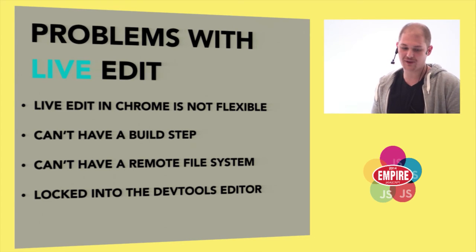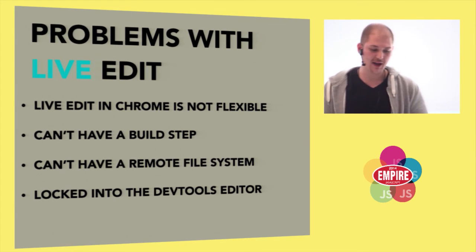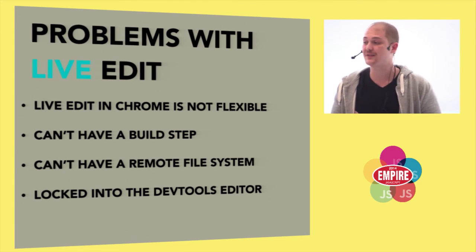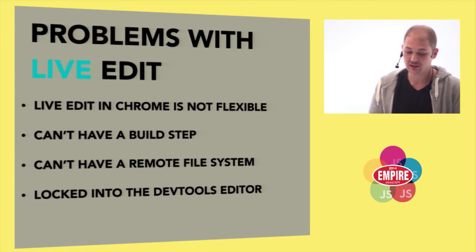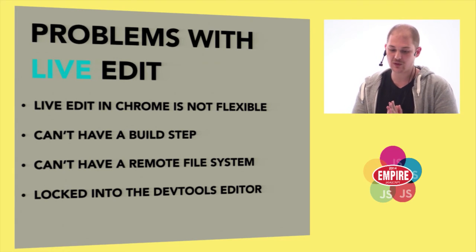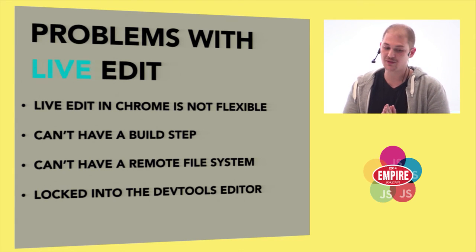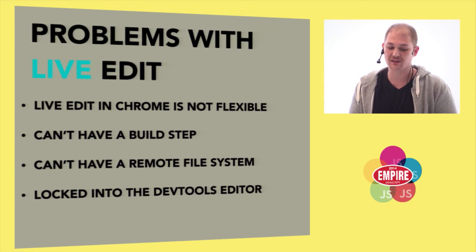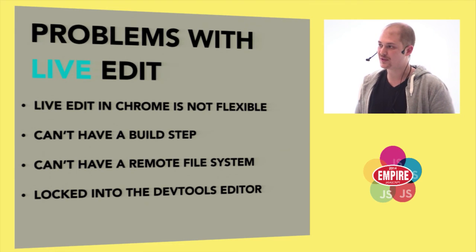So I mentioned live edit before, and I found that live edit in Chrome is not as flexible as possible. The major problem is you can't have a build step when you're using live editing. So basically, if you're writing ES6 or CoffeeScript or ClojureScript, you can't really use the live edit feature.